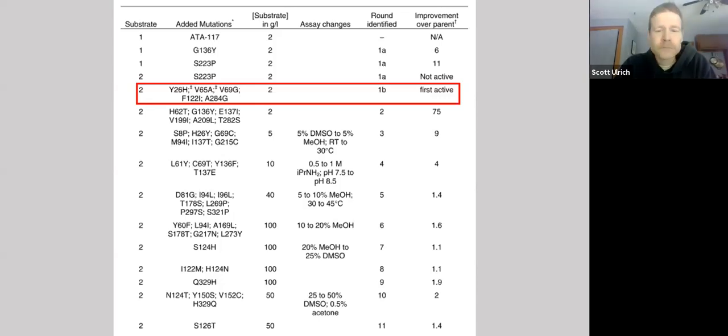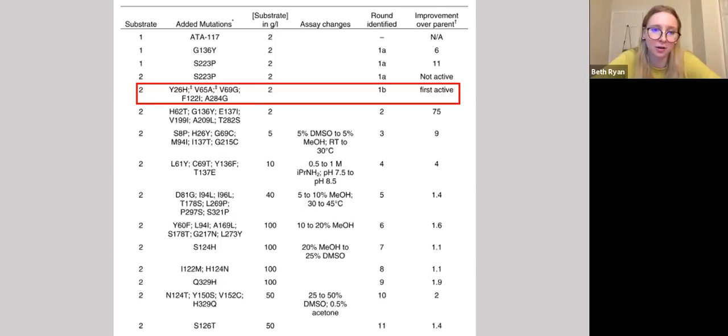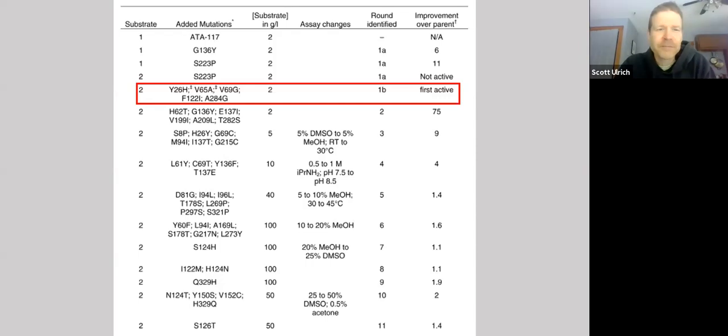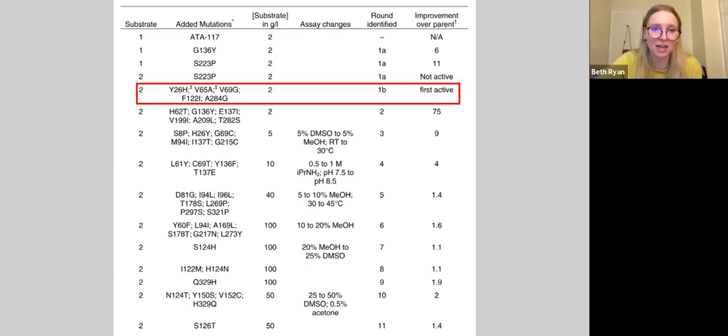Mm-hmm. This is kind of a silly question, but there are no silly questions in my opinion. Are the mutations additive? Like if you have the one in a box at round 4, does it mean it has all of the mutations prior to it as well as the ones indicated?